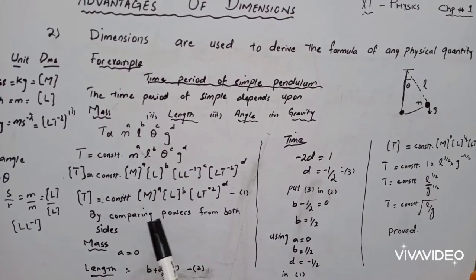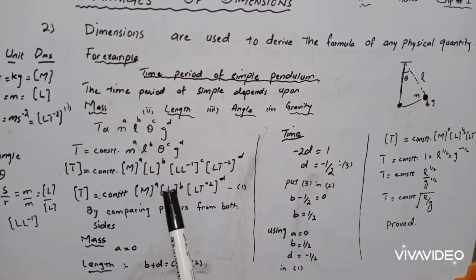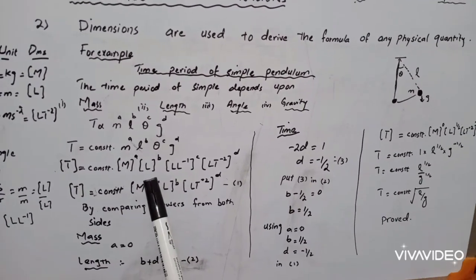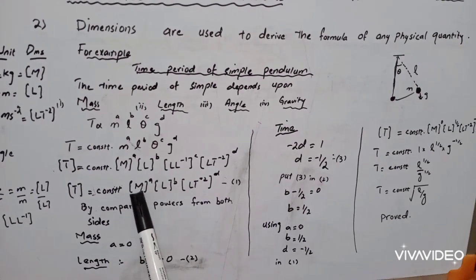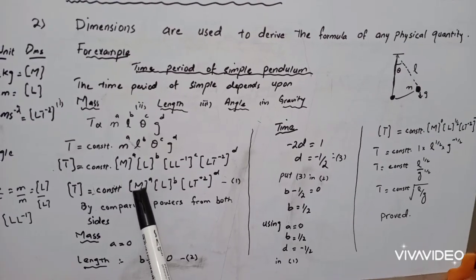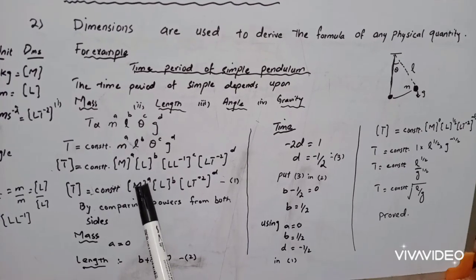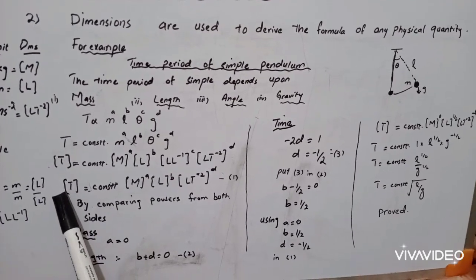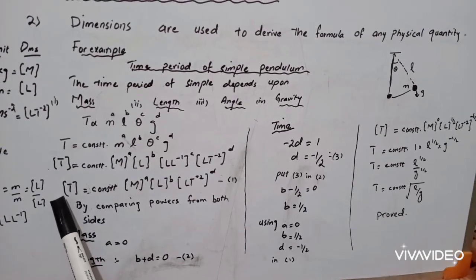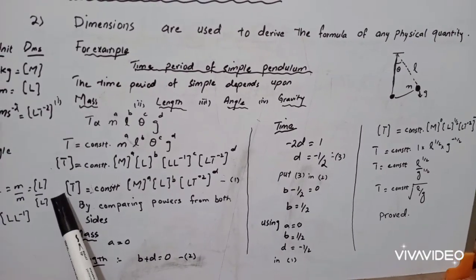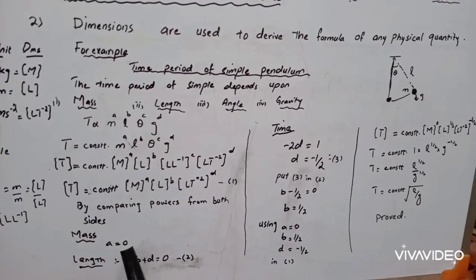So by comparing the powers from both sides, we can find the values of the unknown powers of these physical quantities. Now you can see that the mass on this side is only here, so it has a power 1 multiplied with the alphabetic power a, and we compare it with the physical quantity on the left hand side. As you can see that there is no dimension of mass on the left hand side, so the answer is a is equal to 0.